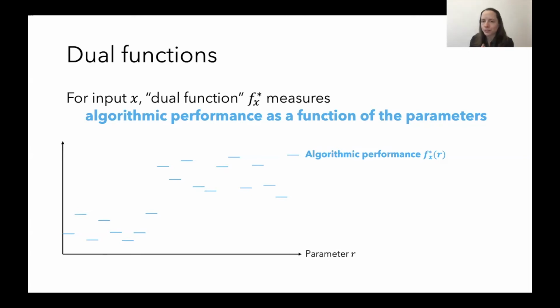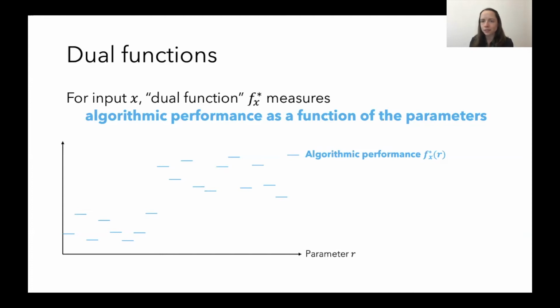So this could be, for example, runtime on the input x as a function of the algorithm's parameters. So in this picture, you can imagine varying some parameter r along the horizontal axis, and we're plotting algorithmic performance on this input x as a function of the parameters.